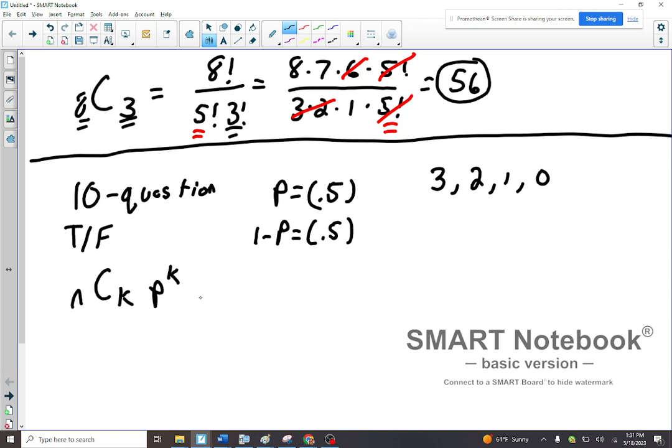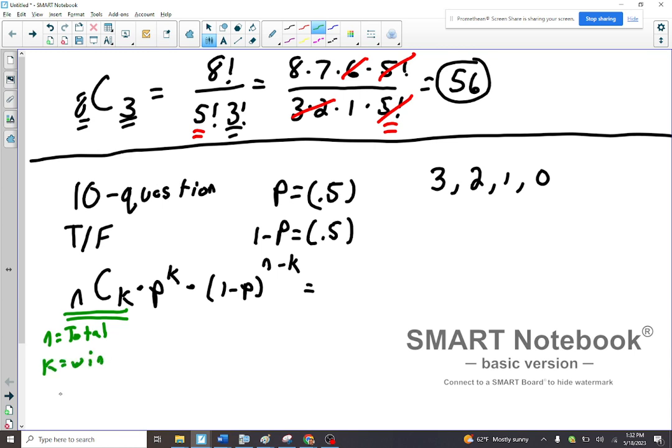NCK, probability to the K amount, times 1 minus P to the N minus K. Yes, they're times. This is just the combination of winning and losing. N is your total, and K is what you're looking for, your wins.